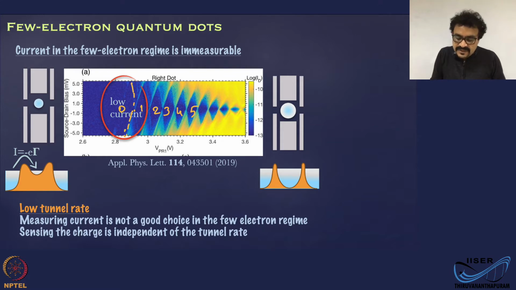As you can see from this plot, the current level is gradually reducing, because when you started, you had a large dot with lower voltages on all the gates, and the tunnel barriers are relatively thinner. The tunnel barrier is represented by these gaps, and you have a lot of electrons.